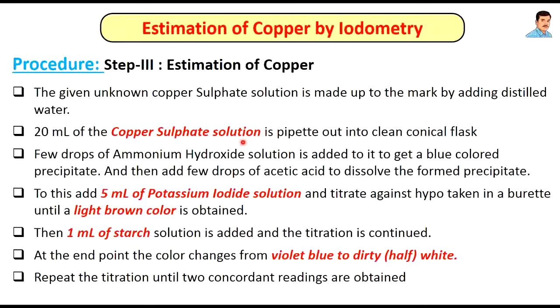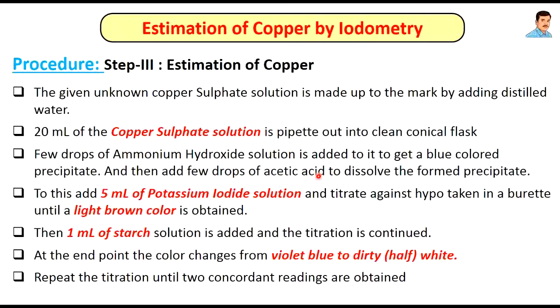Then we add a few drops of ammonium hydroxide to this copper sulfate solution until a blue colored precipitate is obtained. The moment you observe the blue colored precipitate, stop adding the ammonium hydroxide, then add a few drops of acetic acid. Observe the blue colored precipitate.